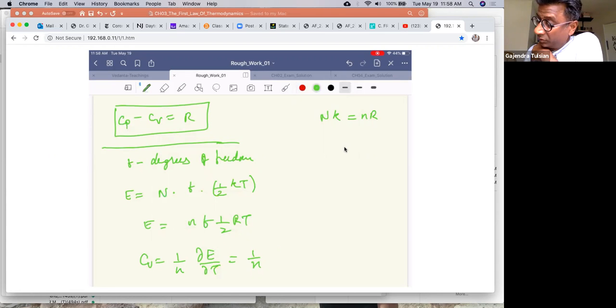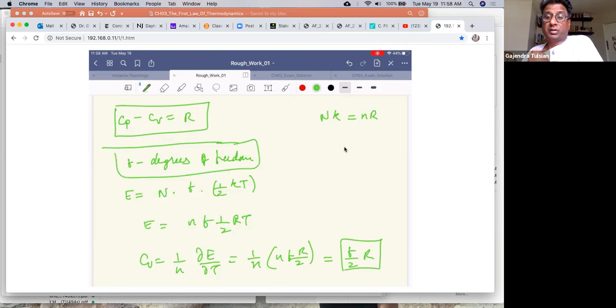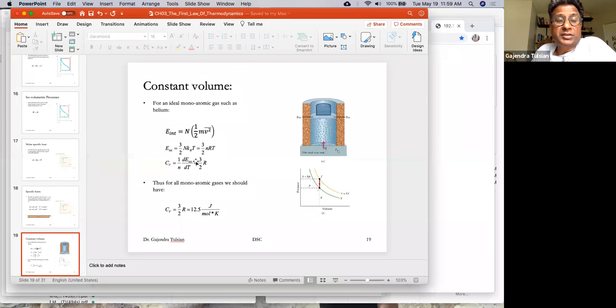So C_V turns out to be F by 2 times R, where F is the number of degrees of freedom. So that's C_V, and that's the derivation that's shown here.